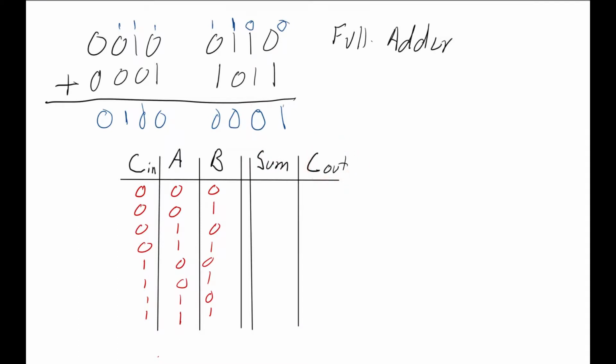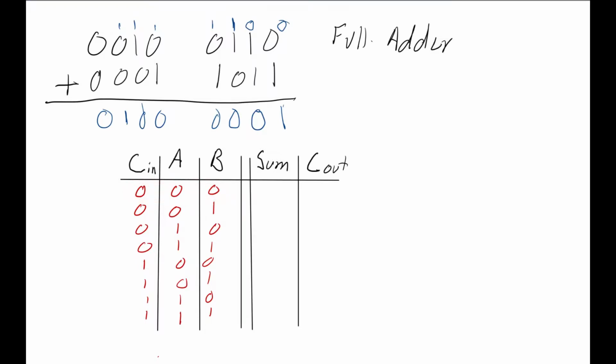These two are outputs over here. Now I know you haven't seen a truth table that has two outputs yet, but really it could be just two truth tables, one with C out and another one with sum. But since the inputs are the same, we're just conserving space by putting two outputs right next to each other, and they all use the same inputs.